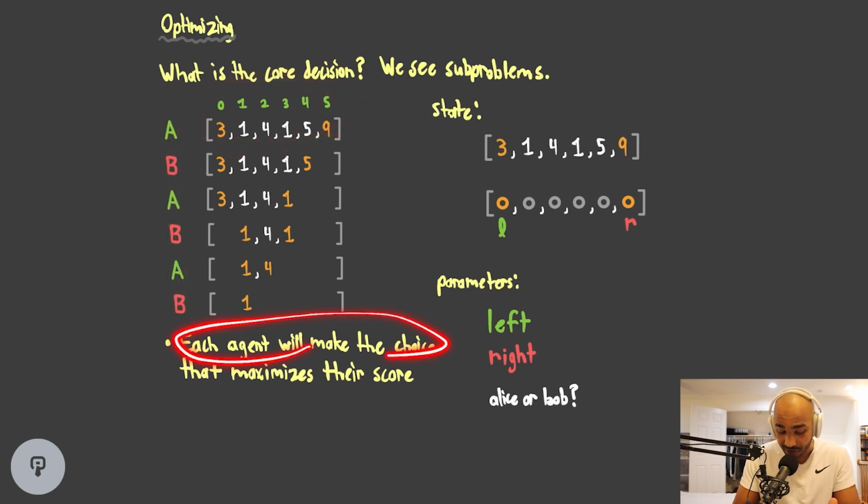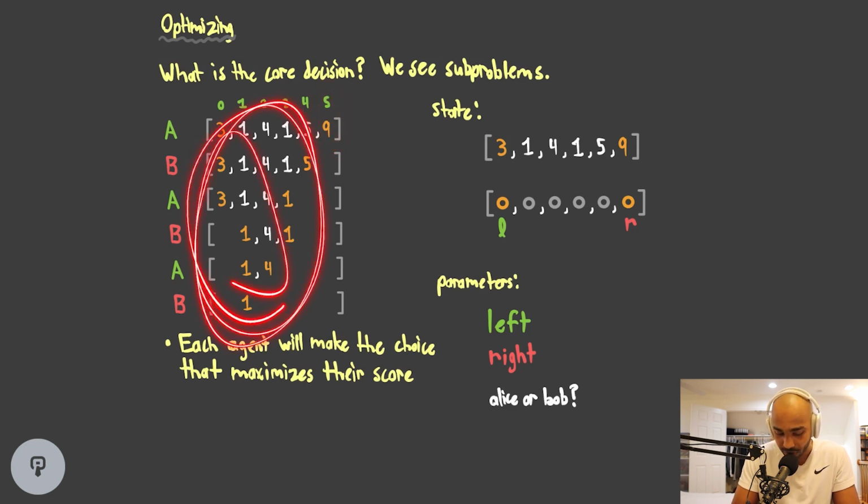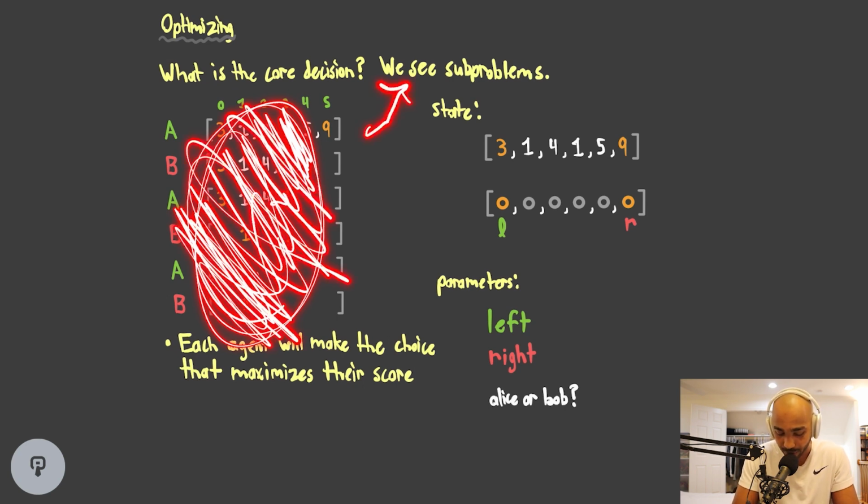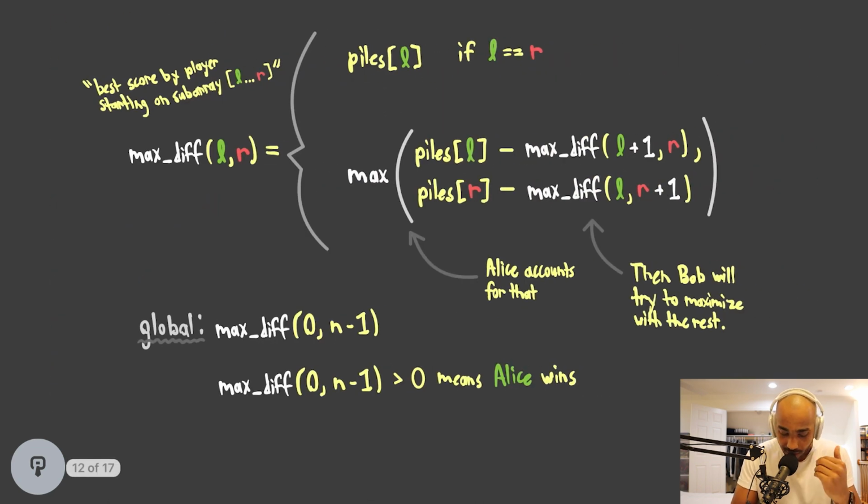Well, the agent is going to want to make the choice that maximizes their score. They're going to want to maximize the difference between this decision and whatever other results can come in terms of score from the rest of the array. And they want to distance themselves given how the game unfolds below them. And so the parameters to our subproblem, as we saw, were the left and the right of the subarray. We're considering a subarray from the left and the right.